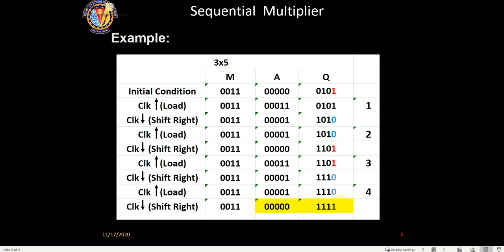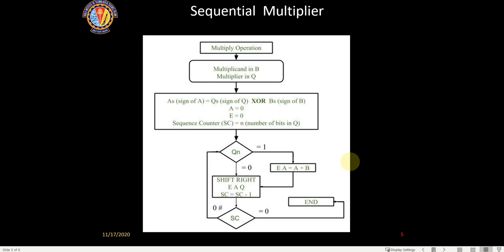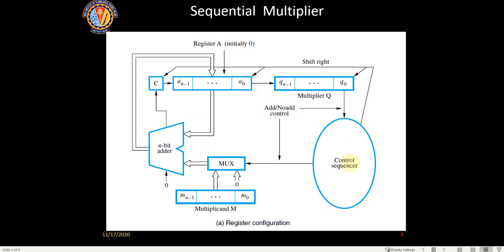Sir, how will it know when to stop? Because the number of bits, if it is a 4-bit processor, it will give 4 clocks. Sir, how will we physically tell it to stop? Is there another mechanism for it? Yeah. The microprocessor is complex. It will have a control sequencer.